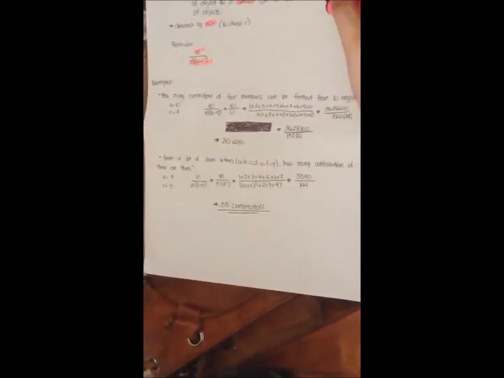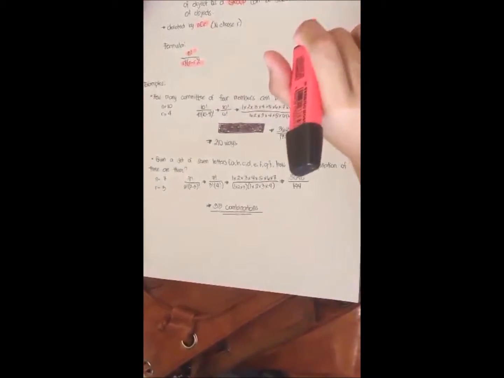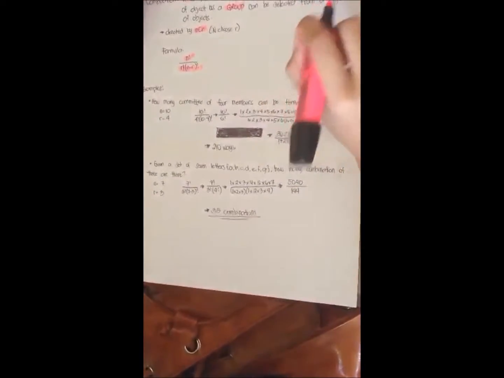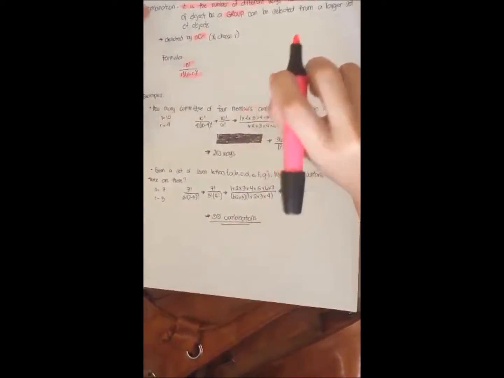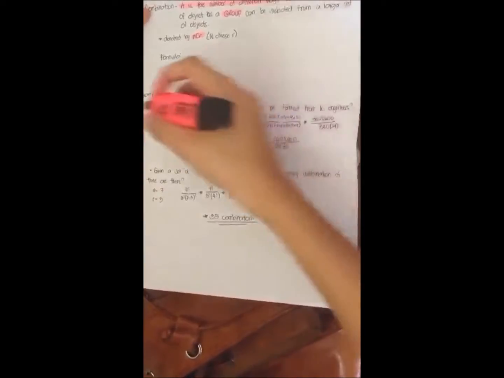The problem is how many committees of 4 members can be formed from 10 engineers. First, you have to determine the total number of the given, which is n equals 10, and r, which is 4 members. So n is 10 and r is 4.